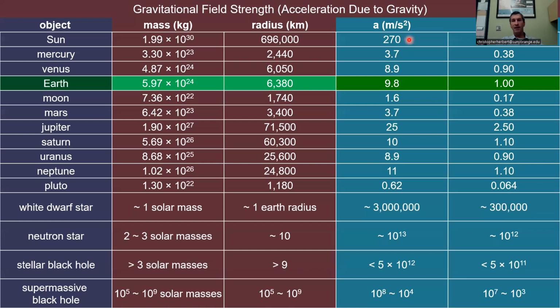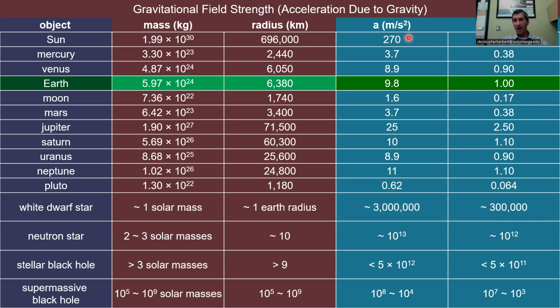But if you could stand on the photosphere of the sun, obviously it is very, very massive. Its density is roughly, can't remember its exact density, it's approaching that of water. But given that the sun is so many times more massive than our Earth, it's not surprising that it has a very, very large acceleration of gravity, 270 meters per second squared on the surface.